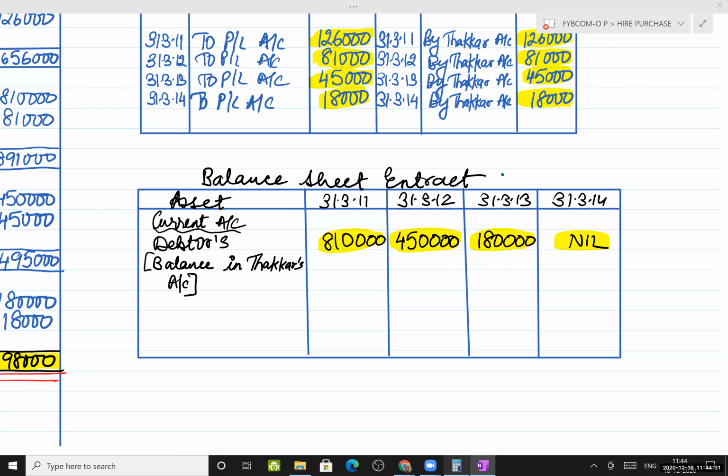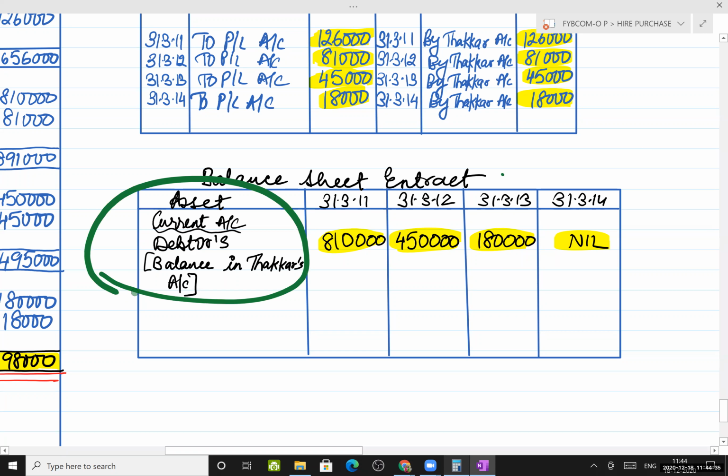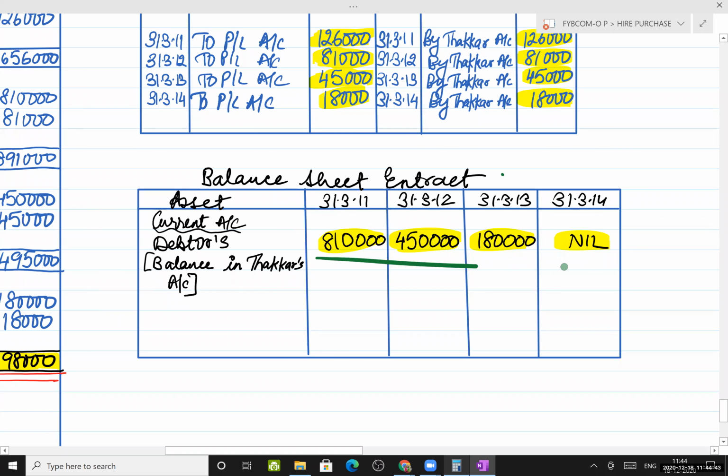So for the seller, the purchaser is a debtor. Money is receivable. So these are the outstanding values. And the last year will obviously have nil, because in the last year the ledger will tally, that is why it is nil here.